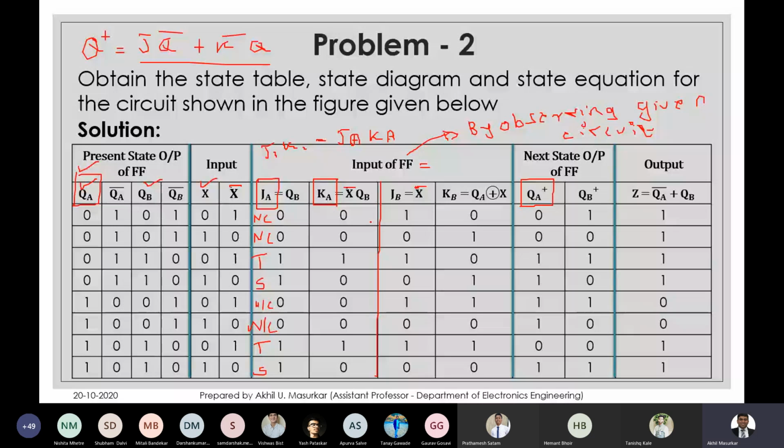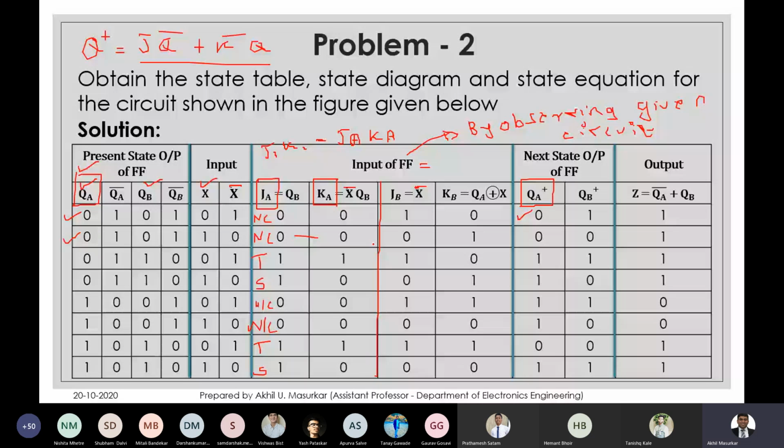So if QA is 0, no change means QA plus should also be 0. If you look at the second condition, here JA KA is again 0 and 0. So NC, that is going to be no change. No change in what? Present state output. What is the present state output? 0.